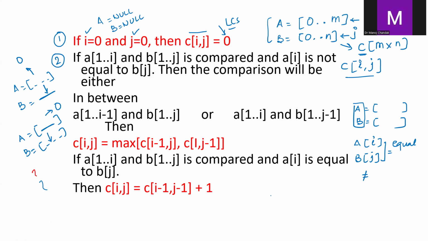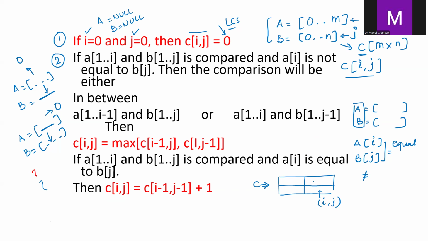So looking into these possibilities, we have a simple idea to represent this. Assuming that this is your structure of matrix C, so there are certain rows and certain columns, and we are planning to compute the value for C of i j here.